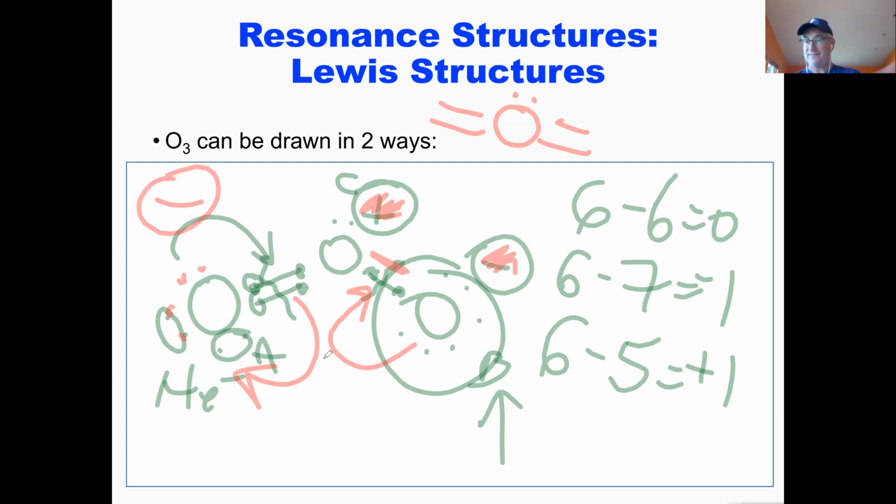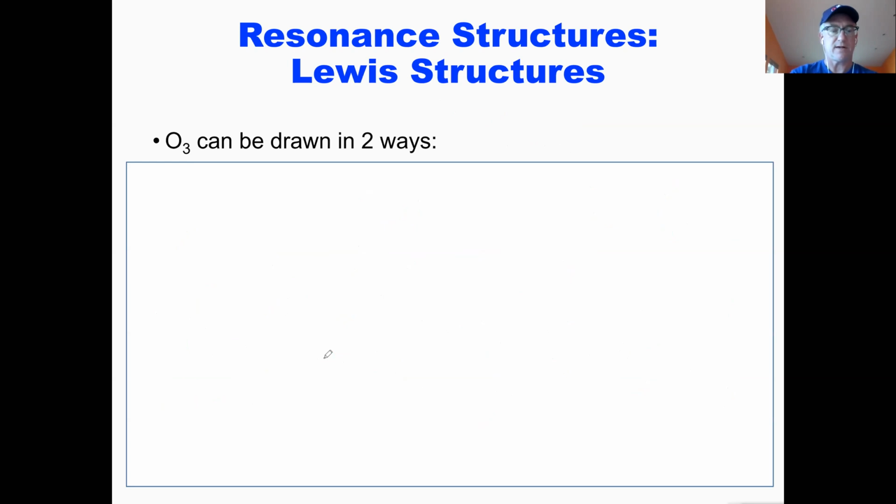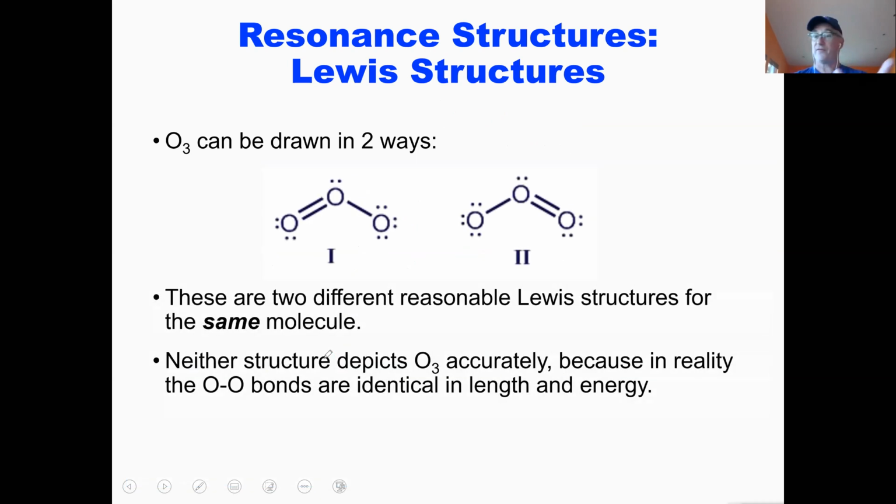So basically, that pair of electrons just moves back and forth. And so we have 2 structures of ozone, and this is what they look like. We have the first one where the oxygen on the right side is negatively charged, and then the second version where the oxygen on the left side is negatively charged.